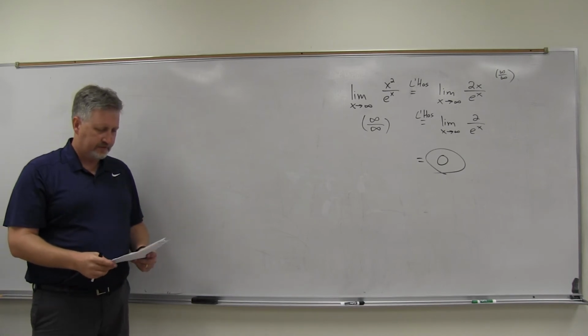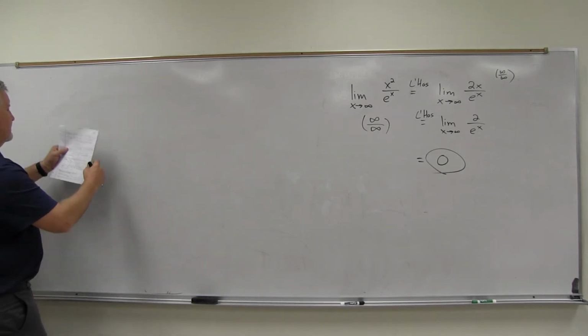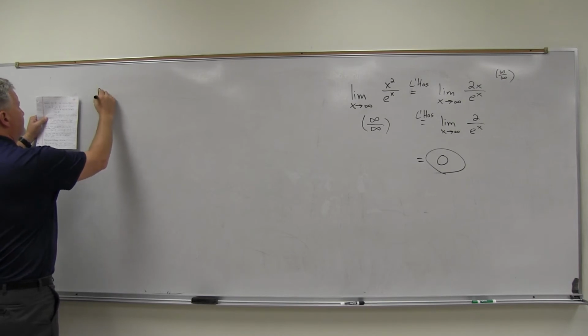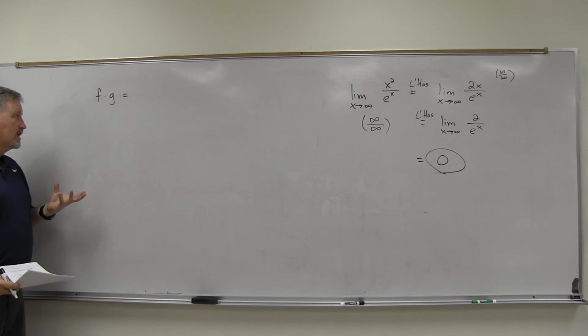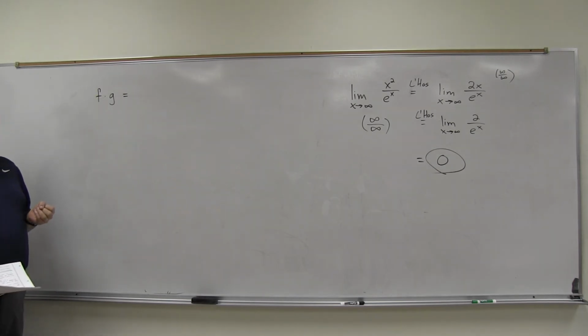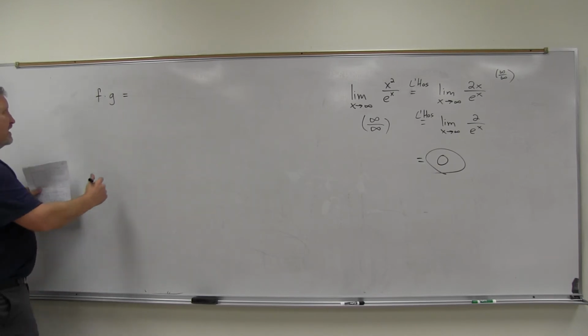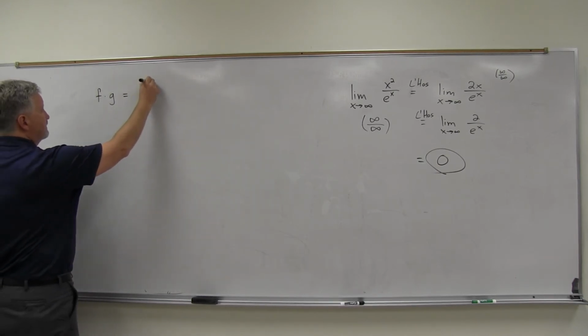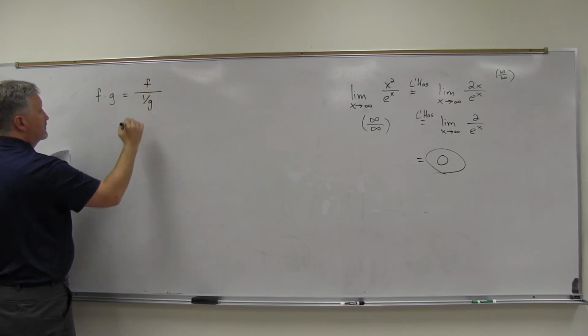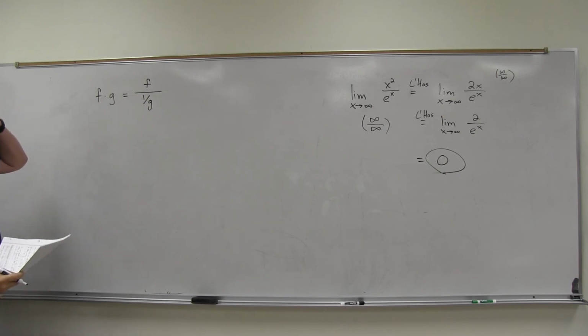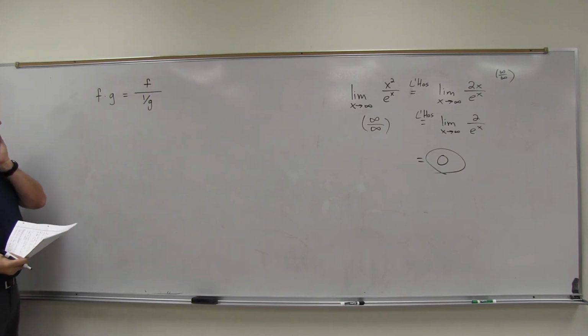Let's talk about this. If I have two functions multiplied together, it might seem kind of strange, but sometimes we can rearrange that and make it appear different. It's the same, but there's a reason why we might want to do that.